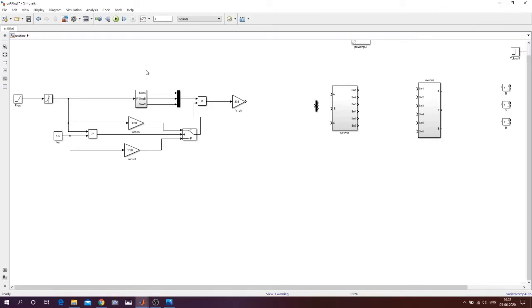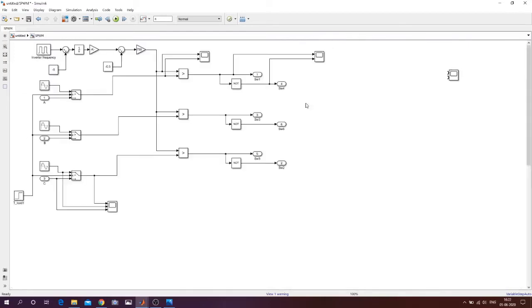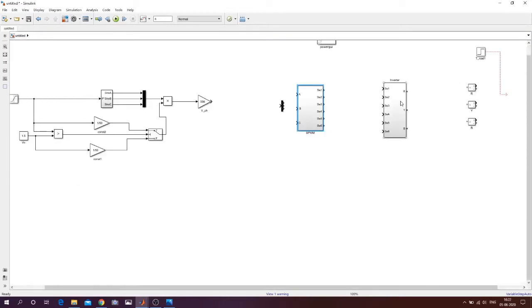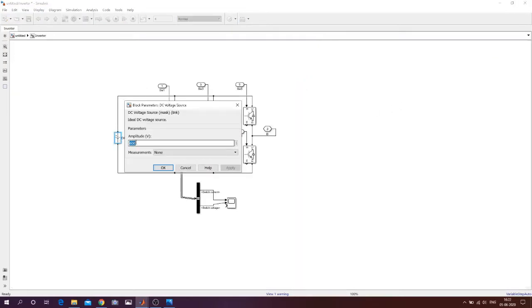In this part we will just assemble whatever we have done. So this is the inverter. SPWM, this is the hard cover of the inverter, so we will change this voltage to 700.